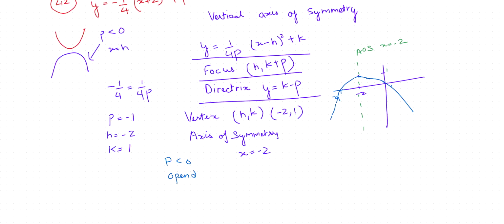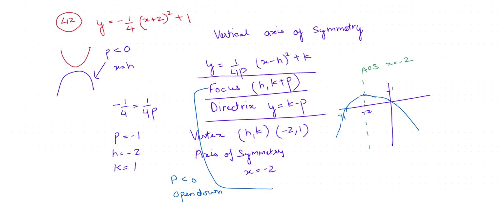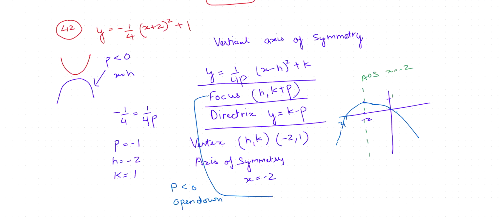Okay, focus, we can see it is (h, k plus p). So in this equation, h is -2, and k is 1, and p is -1.